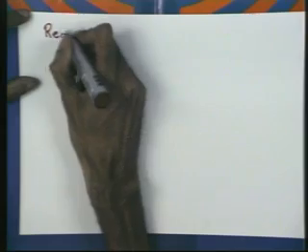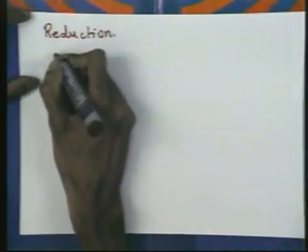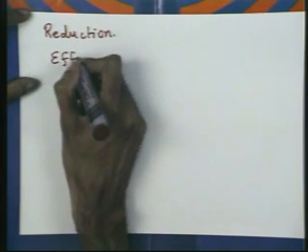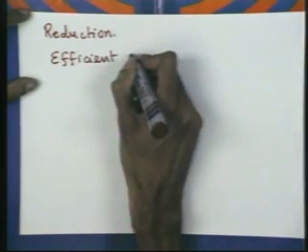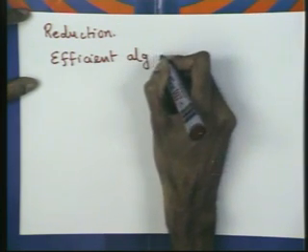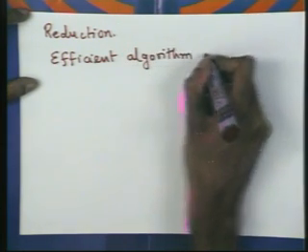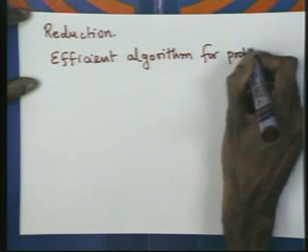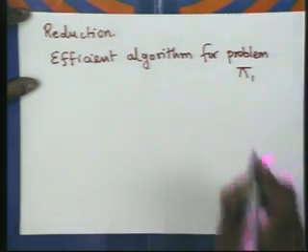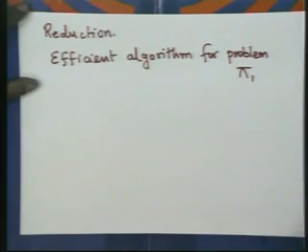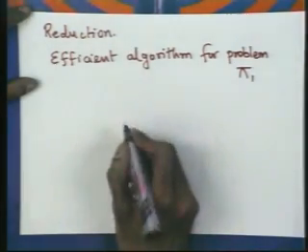The last time we looked at the concept of reduction. Let me just quickly review what we mean by reduction. Reduction means this: given an efficient algorithm for problem pi 1, using this we designed an efficient algorithm for a different problem.